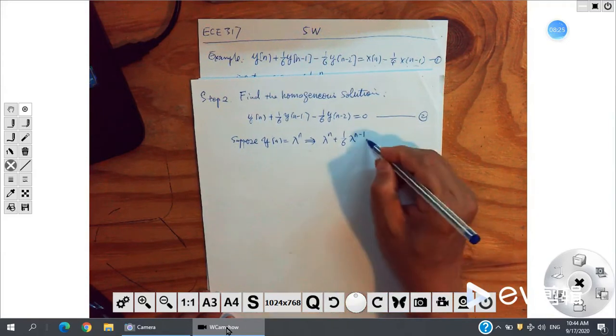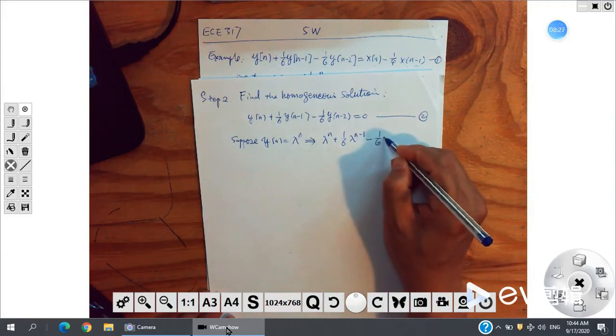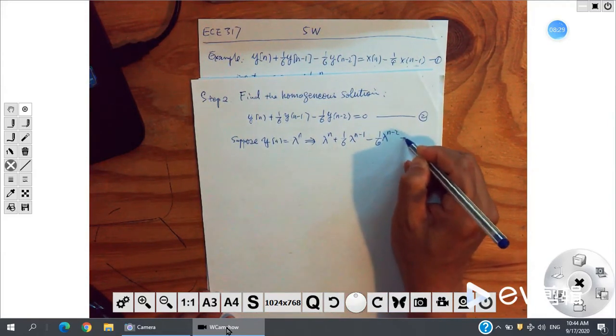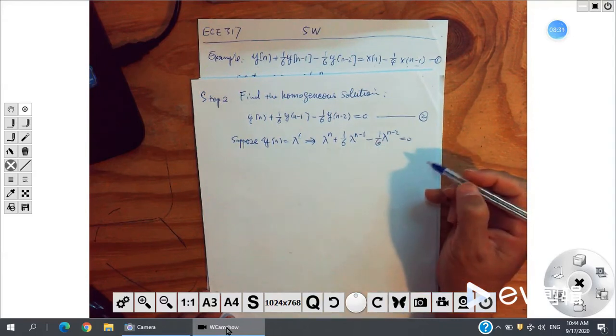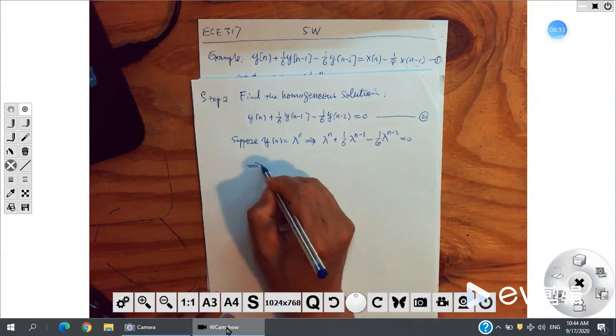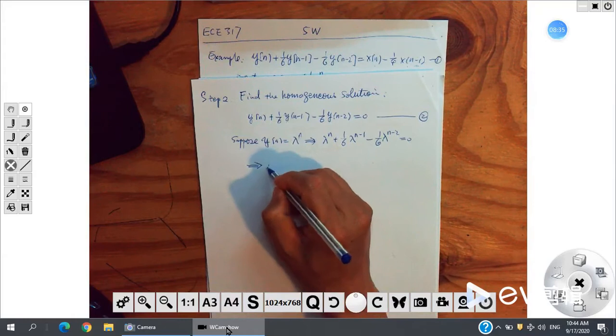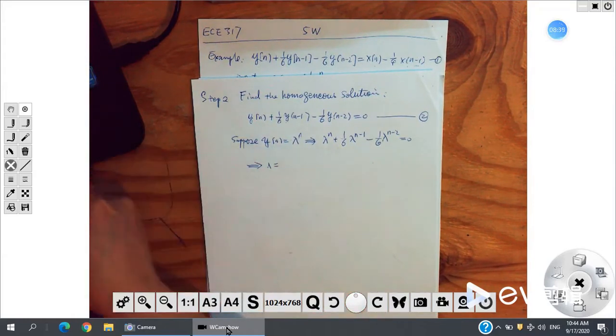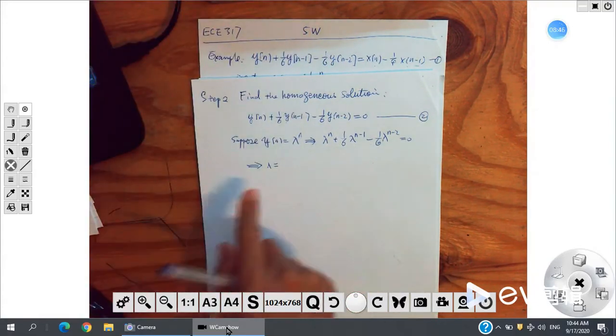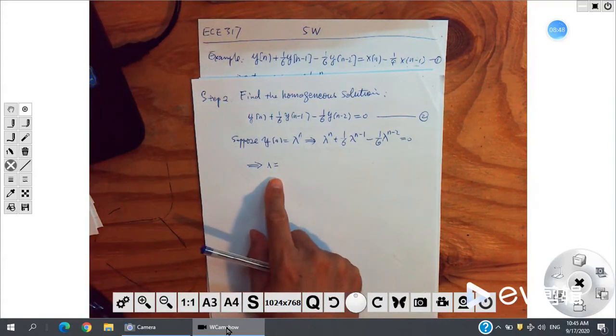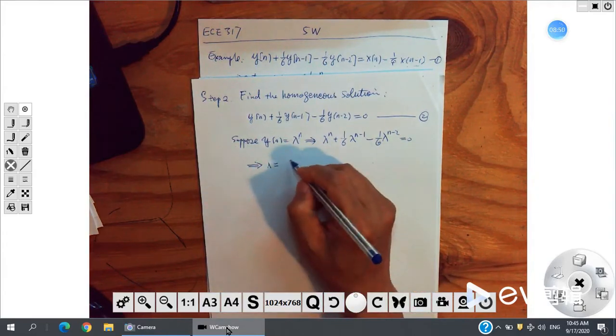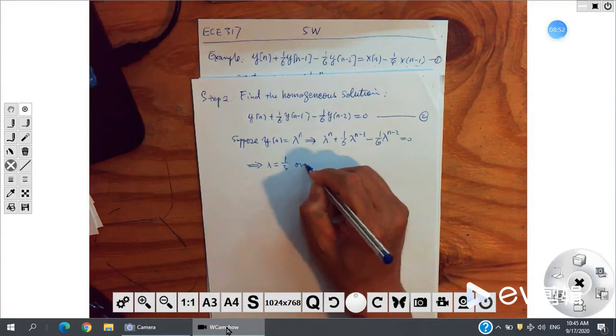And similarly, minus 1/6 lambda to the n minus 2 equal to 0. Okay, then we can solve. I don't go over the process, I just give the result here. You can check the notes of last time. It will be lambda equal to 1/3 or negative 1/2.